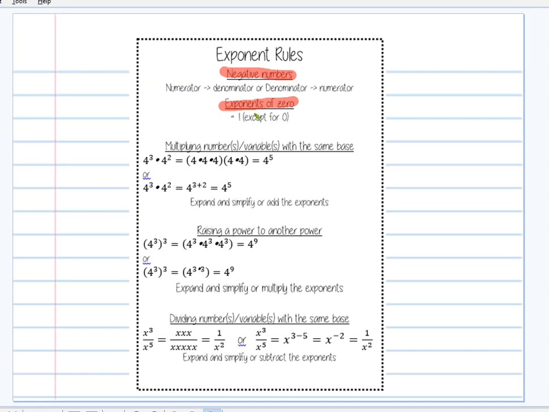And if you want, think about why 0 to the 0 power would not be equal to 1, if you want to take a little extension on that. Multiplying numbers, variables with the same base. And remember thinking about it in these two different ways: raising a power to another power and how that expands, as well as looking at the rule. And then the last part, which was what we just did, which was dividing numbers, variables with the same base. How we're really talking about subtraction.